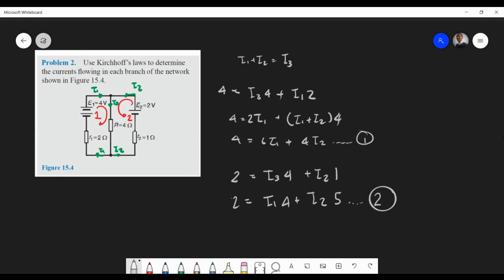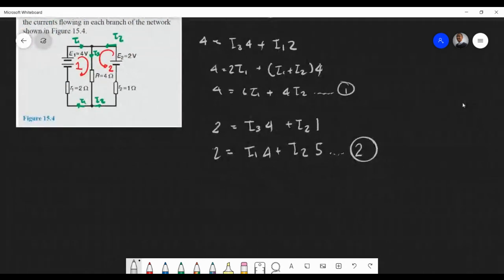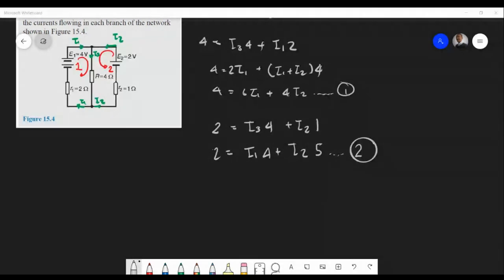And then we've got 2 equations, right? Is everyone happy with this one? Is everyone happy with this?